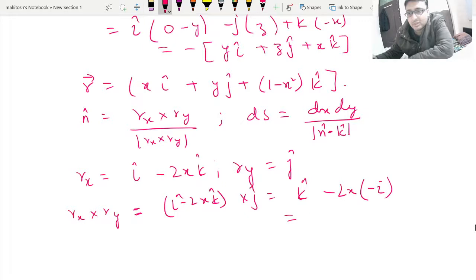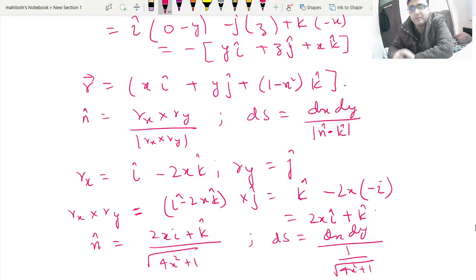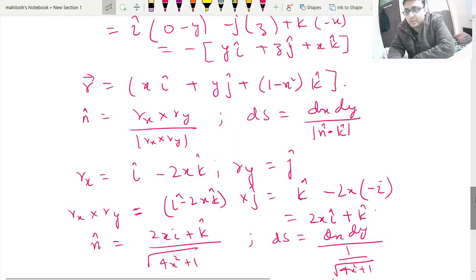So this is nothing but 2x i cap plus k cap. Now I can write this n cap is equal to 2x i plus k cap upon how much? Upon modulus of this. So this is your square root of 4x square plus 1, and ds I can write as this, and n cap dot k is nothing but 1 by that. Okay, and we are going to put in our equation.